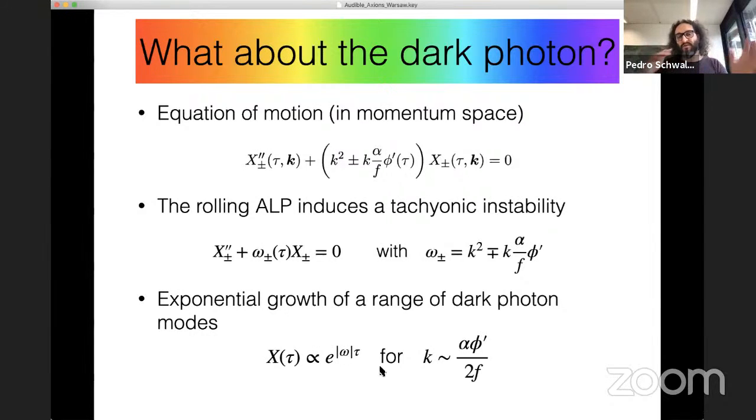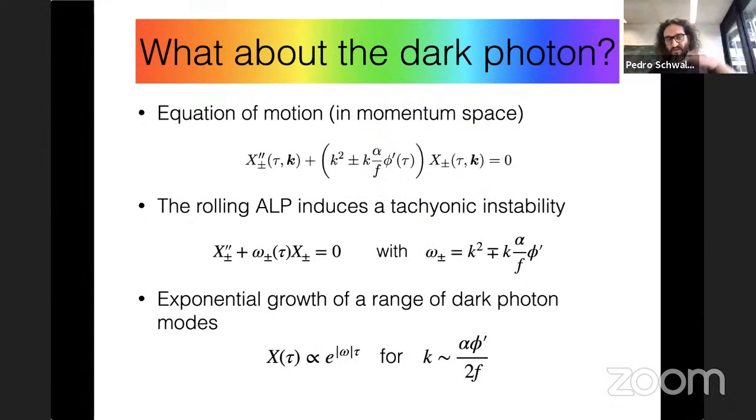And this does not happen in a random place, but for a range of modes which depend, again, on the velocity of the axion. So this is an effect which is only active until the system has relaxed to a more stable configuration.